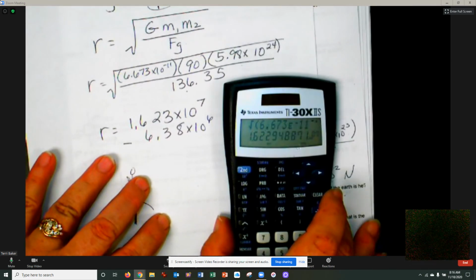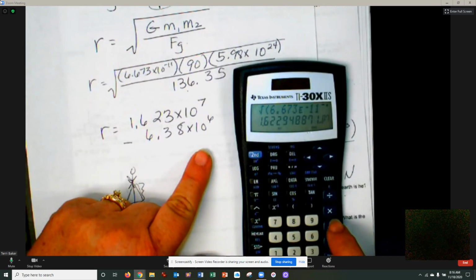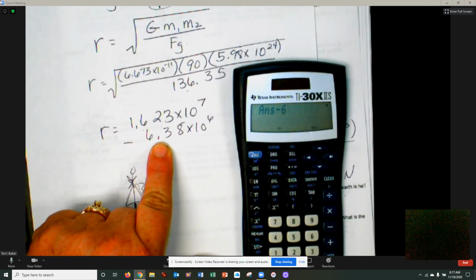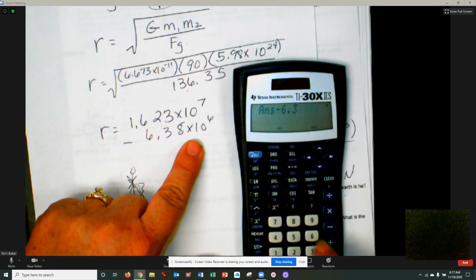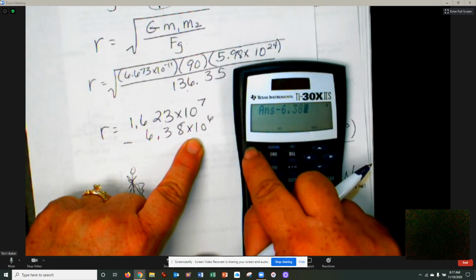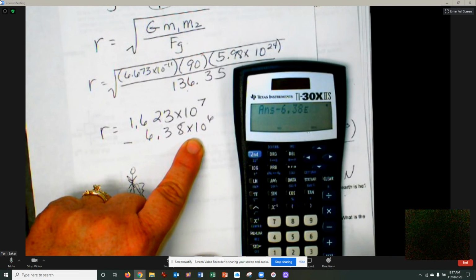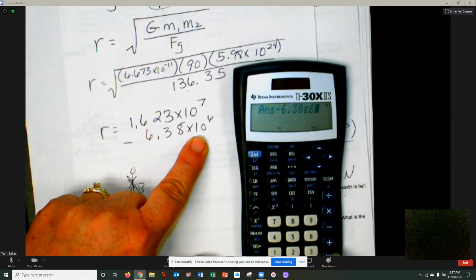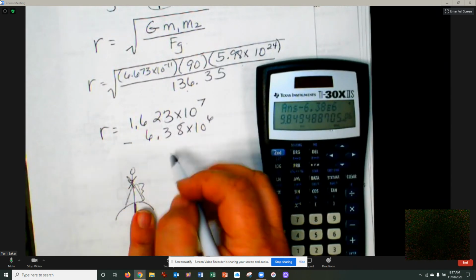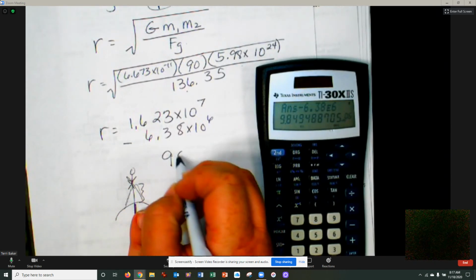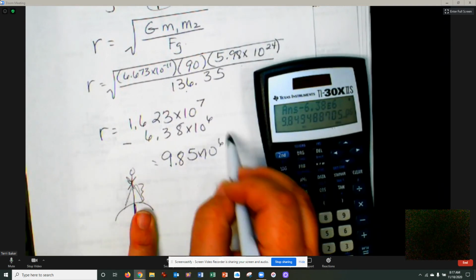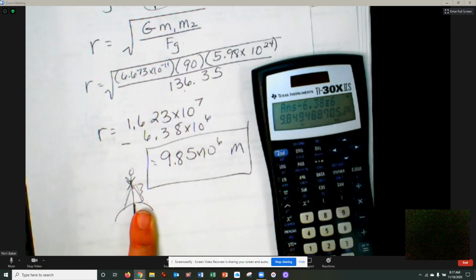So, answer still in the calculator, we're going to hit subtraction, and in this case, we're going to subtract 6.38 second EE, get our exponent. Notice that little E shows up, to the 6 equals. And if done correctly, 9.85 times 10 to the 6 meters.